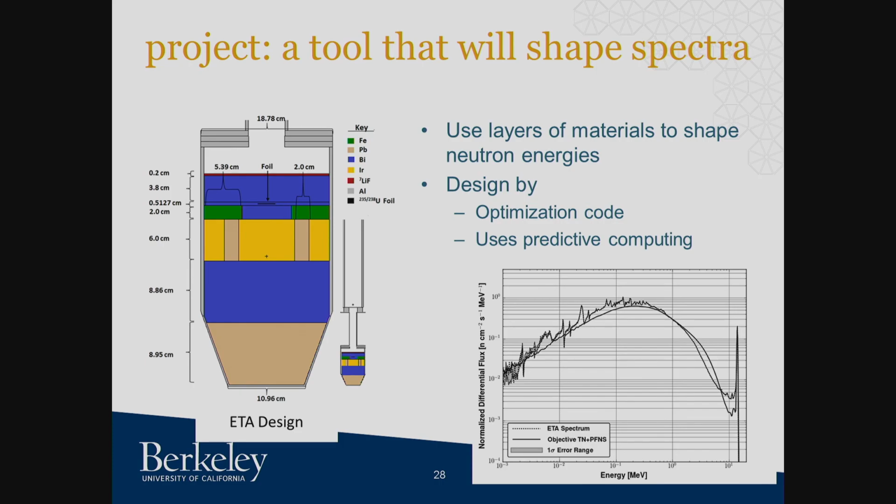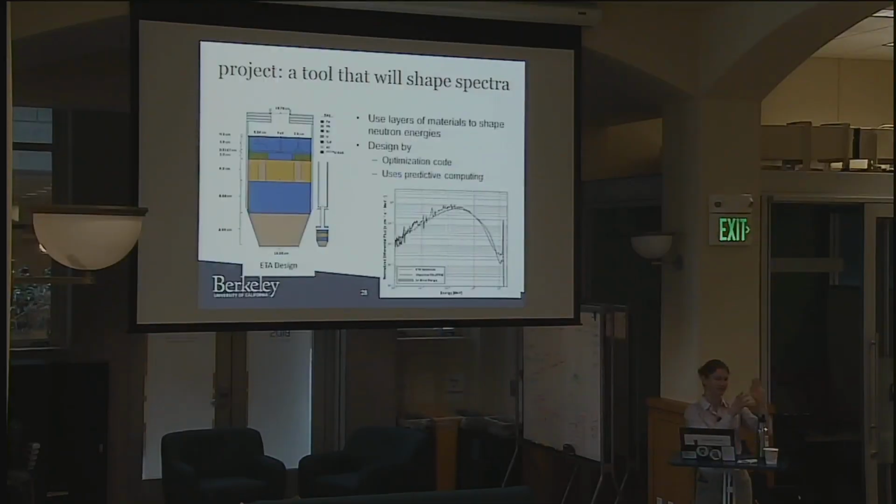So you can layer up different materials to get the neutrons to go from this energy shape to a different energy shape. And this is kind of predictive computing. So right now, in our draft, in our sort of initial cut design, this solid, smoother black line is the spectrum we're going for, and this somewhat jaggedy line is the thing that we say we can produce right now.